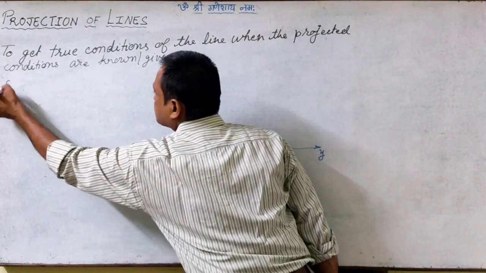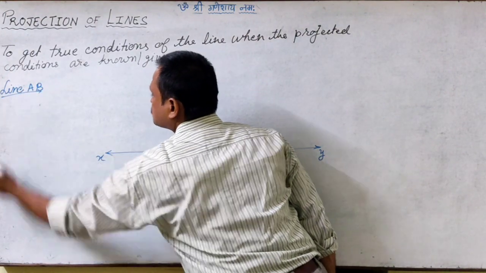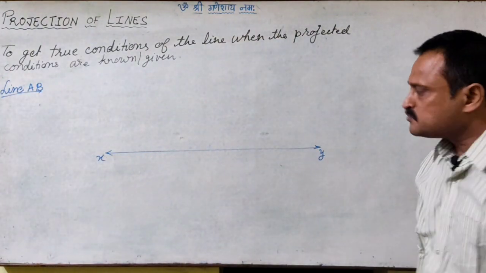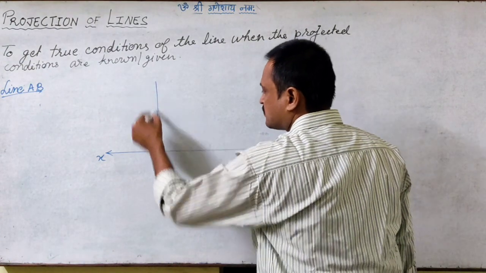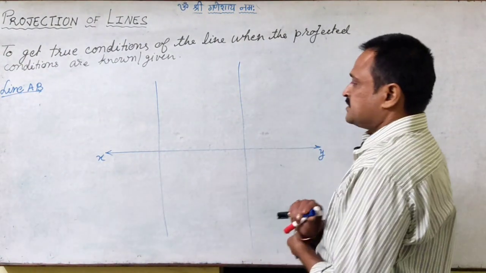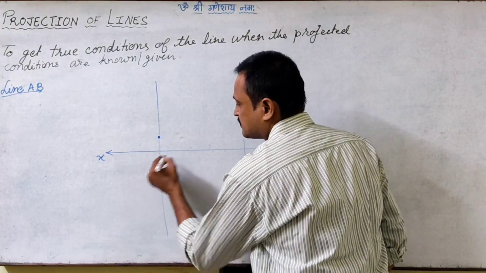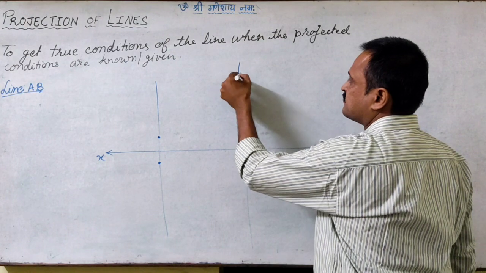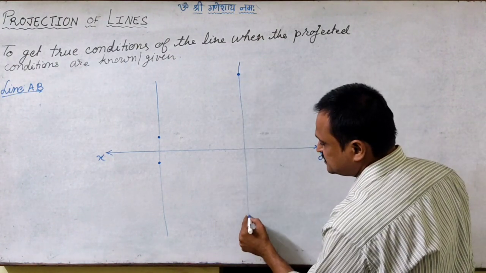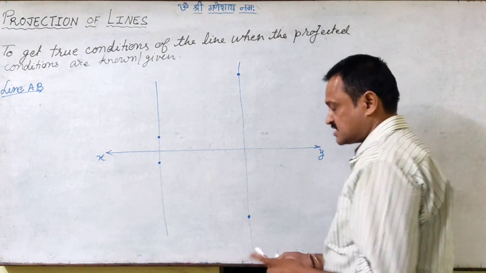So we will consider that there is a line AB whose projected conditions are known to me. This is the projector of A, this is the projector of B. This is the height of A, this is the width of A, this is the height of B, and this is the width of B. So let me mark it this way.